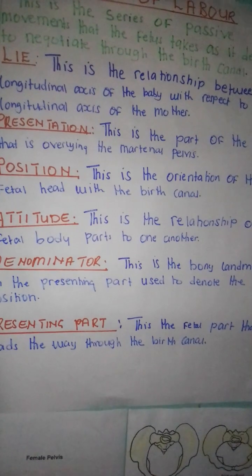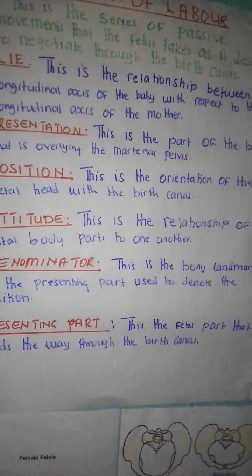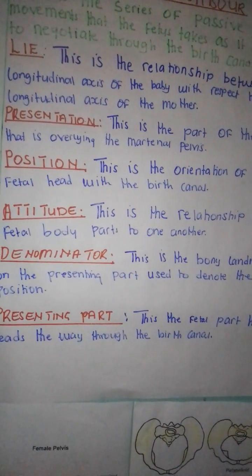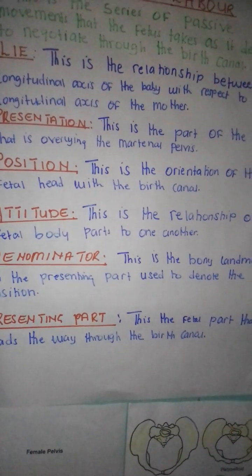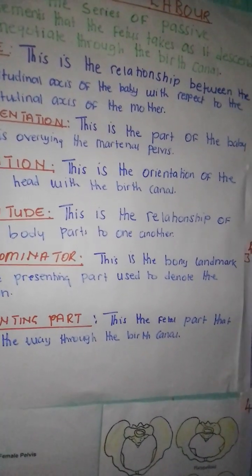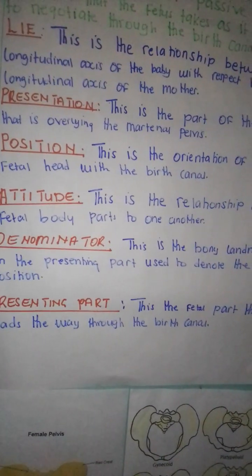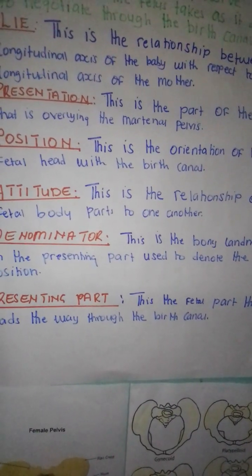In the mechanism of labor, you will meet these terms: the lie, presentation, position, attitude, denominator, presenting part. So what is a lie? A lie is the relationship between the longitudinal axis of the baby with respect to the longitudinal axis of the mother.